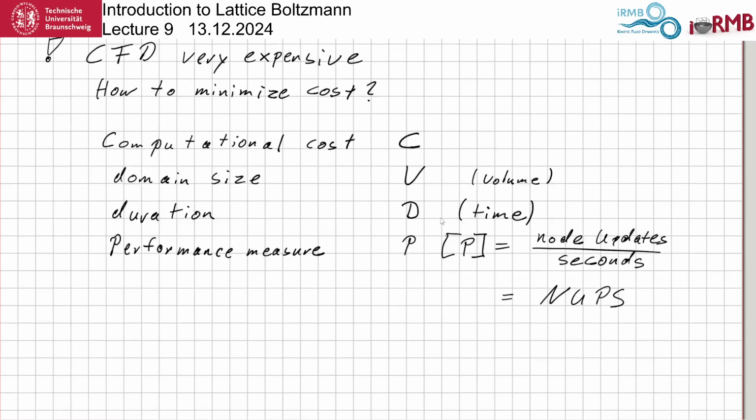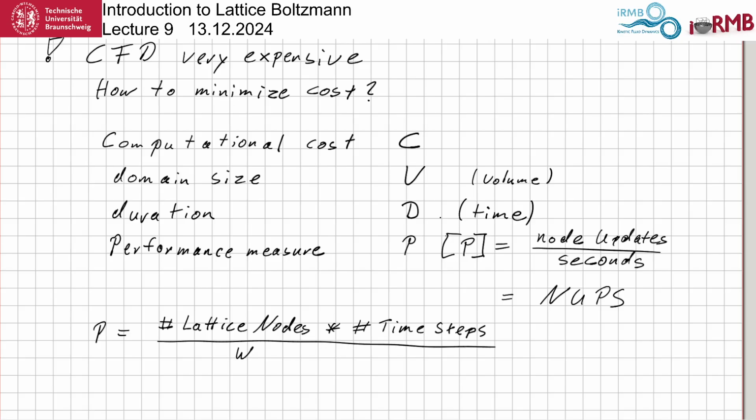If you still have mega NUPS, then you're probably not using a modern computer. Okay, so let's look at our performance then. The performance will be given by the number of lattice nodes times the number of time steps divided by the complete time that the simulation takes. So this is the wall clock time. And this will be given in NUPS.